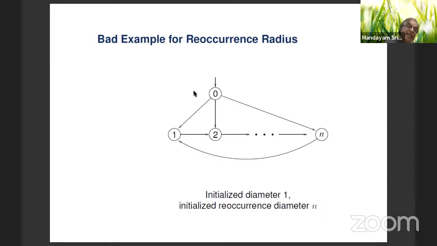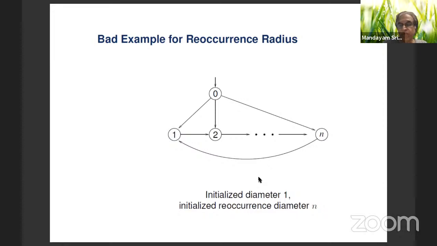And we will see that this is easier to pose and compute as a SAT problem. Before that, I'm claiming here that the initialized reoccurrence diameter for any transition system is indeed an upper bound for the diameter.